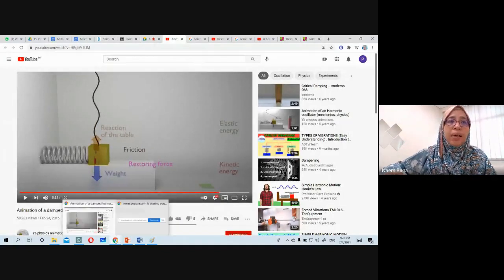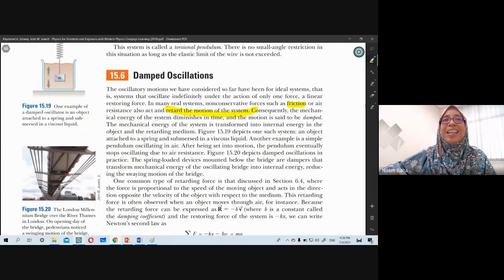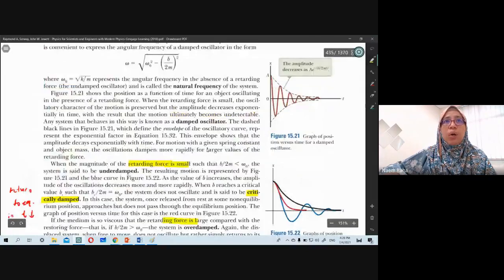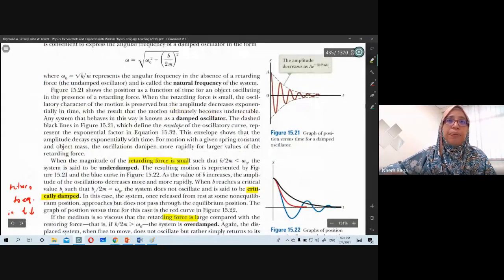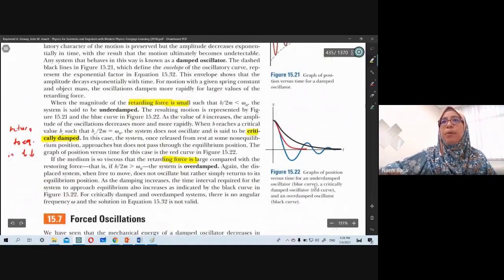Right, now basically we have three types of damping. We call them underdamped, critically damped, and overdamped. How to differentiate them? Let's start with underdamped.